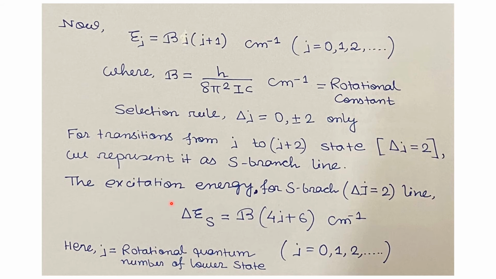The excitation energy for the S-branch line, that is del J equals 2 line, equals del ES, that is given by B into 4J plus 6 centimeter inverse. That can be obtained by putting J plus 2 in this expression, and then we have to subtract the EJ for J equals J. So, the difference will give this del ES, that is the excitation energy for the S branch line.